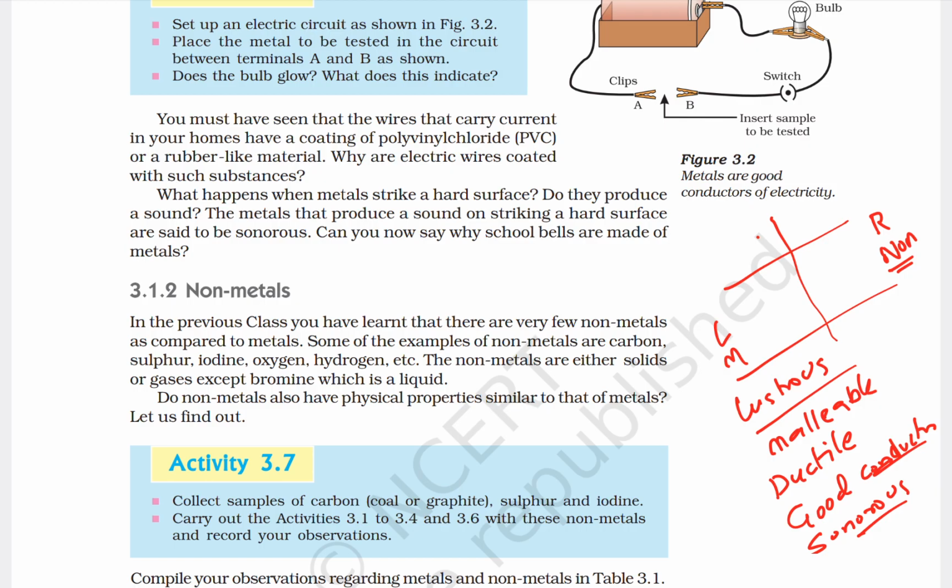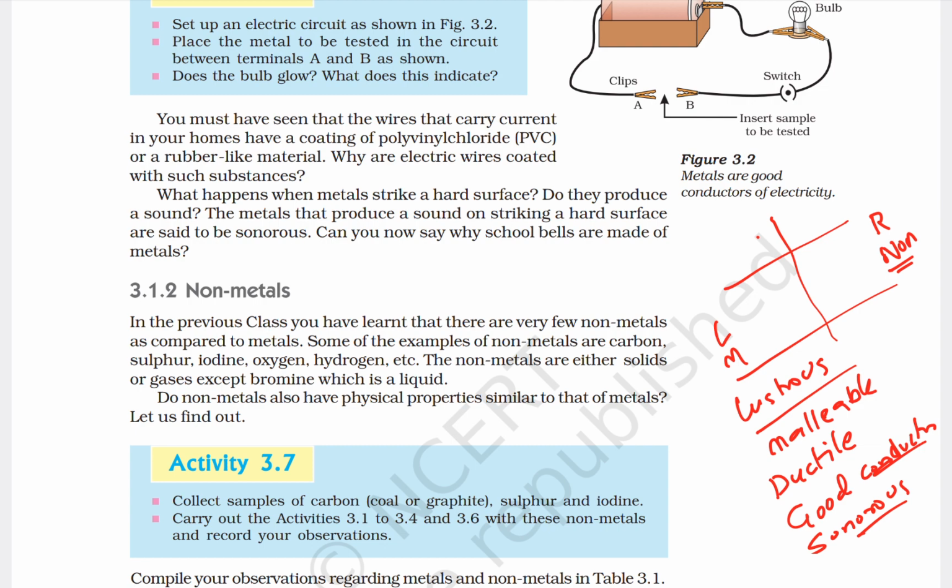Where do we use iron? Iron is used in construction, bridges and machines. Copper is used in electrical wiring, as it is a very good conductor of electricity. Aluminium is used in aircraft bodies because it is very light in weight, and we see aluminium in kitchen utensils also. Gold and silver we use for jewelry making, is it not?